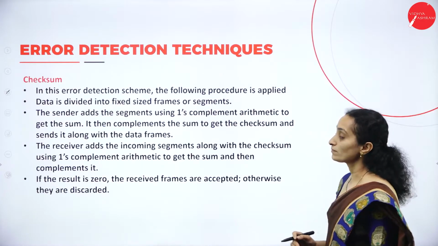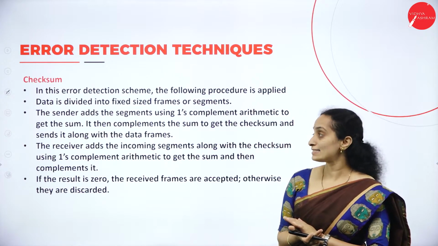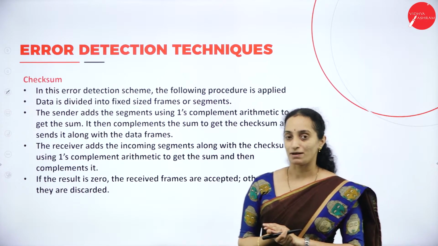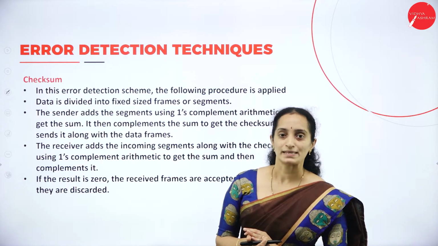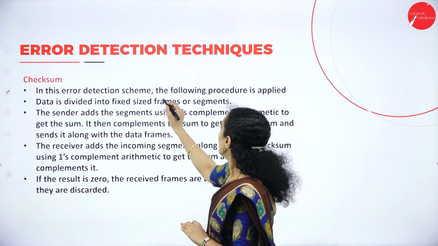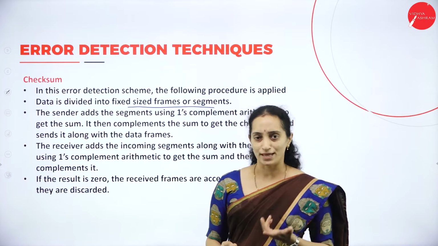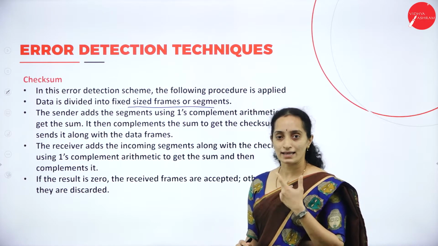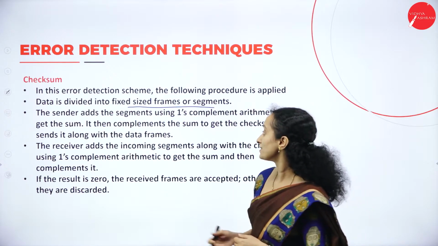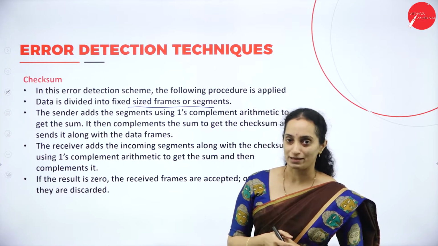Alright. Next comes another method, that is generating a checksum. How do you generate a checksum? Is there any particular method to generate a checksum? The data is divided into fixed size frames. It may be any error detection method or any kind of data transmission. The data is divided into a fixed number of frames.